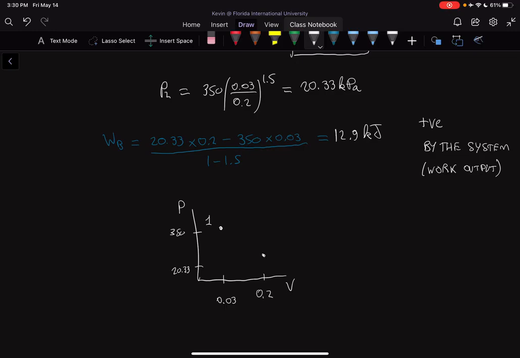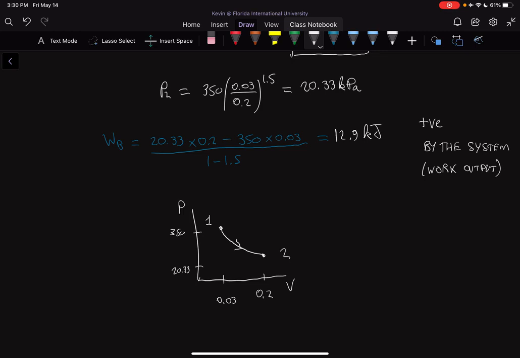So 0.2 would be somewhere here. And you would have a line that follows a polytropic process type of equation between 1 and 2. Okay? And 0.2 should be a little bit lower, but the diagram is not to scale. Okay. So that solves our second example problem.